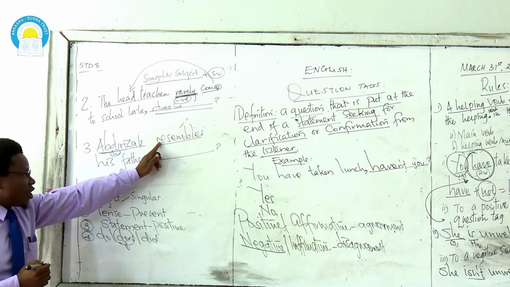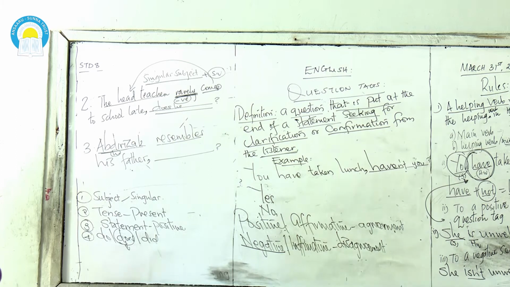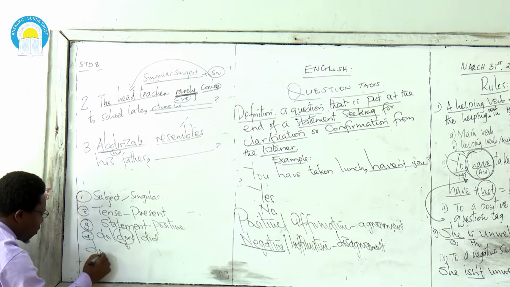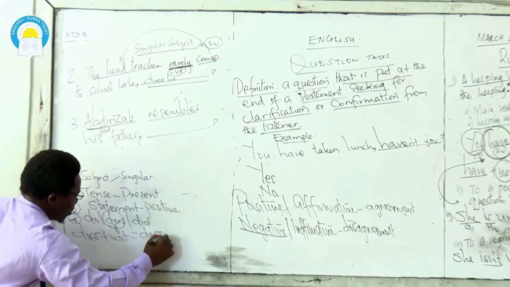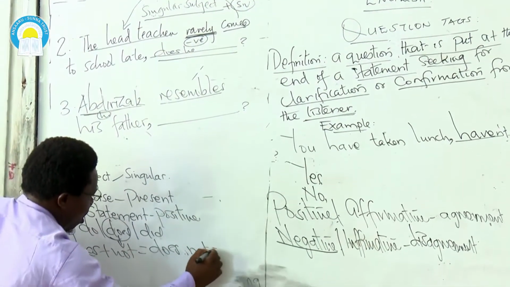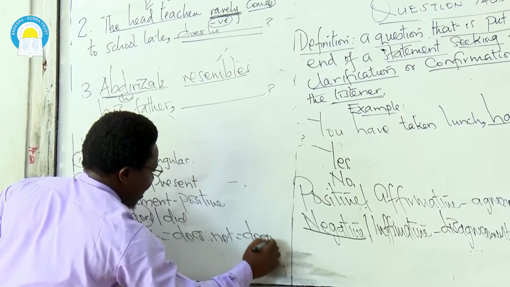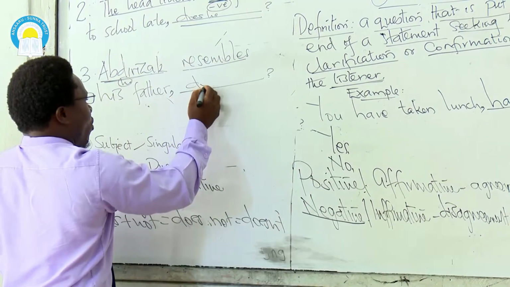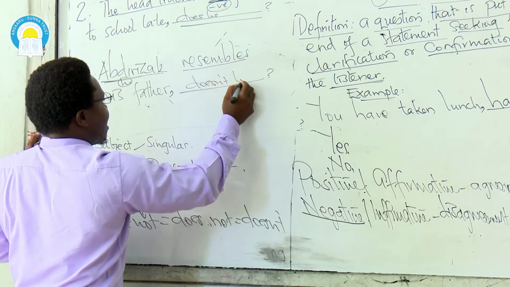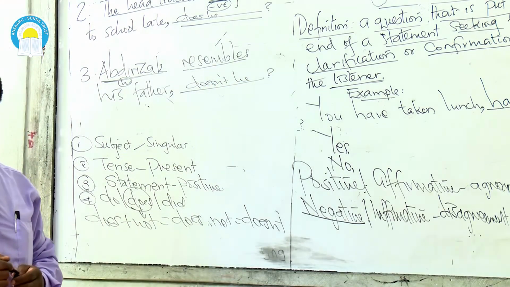The sentence is positive, the question tag shall be negative. The negative form of does plus not, that is does not. And does not is abbreviated as doesn't. And because Abrizak is a he, our question tag shall be doesn't he.